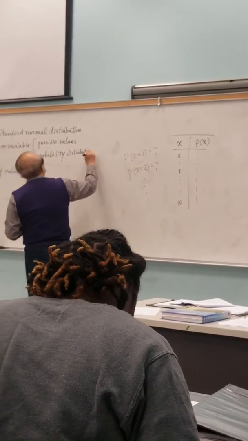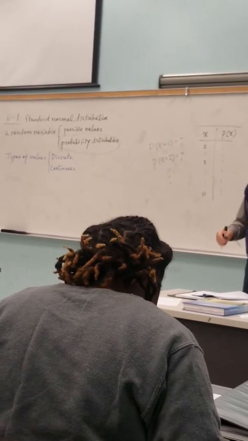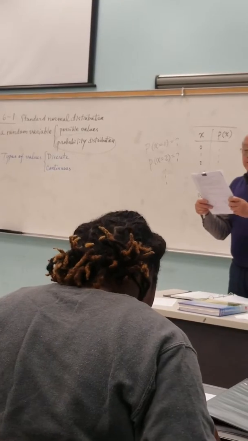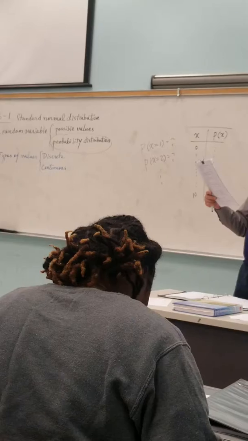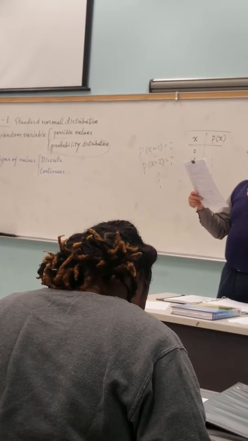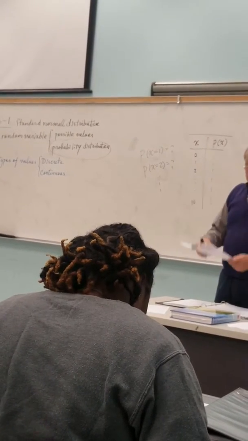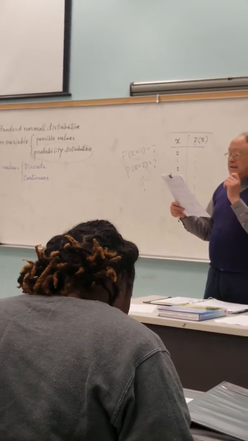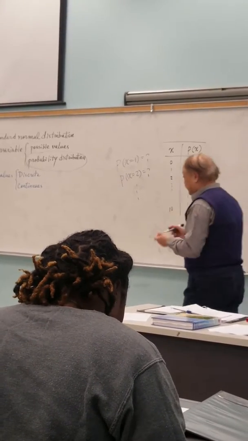The new method is called the density function. Look at your lecture notes. Item 2: the probability distribution of a continuous random variable is given by a density function. Now please understand how we work with it. Look at item 2 first.